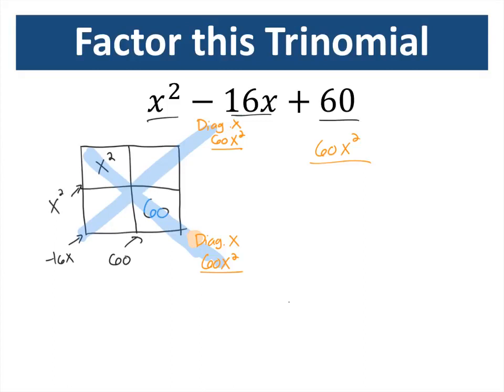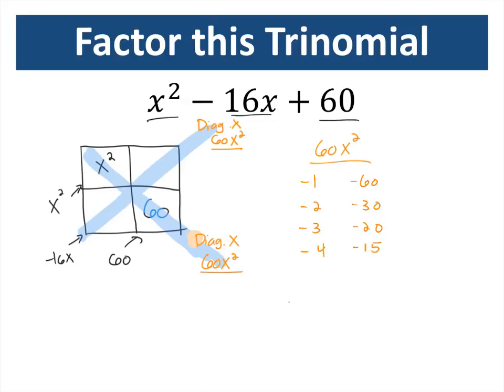So I'm going to start with, let's do negative 1 and negative 60, and negative 2 and negative 30, and negative 3 and negative 20. Negative 4, 60 divided by 4 is negative 15.